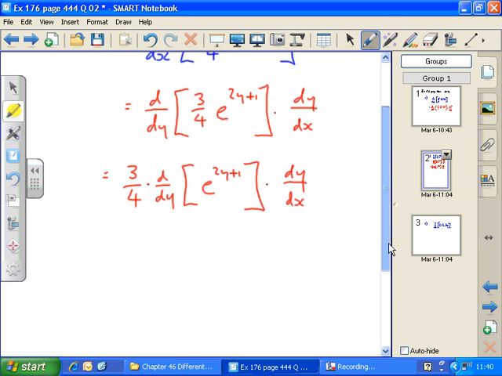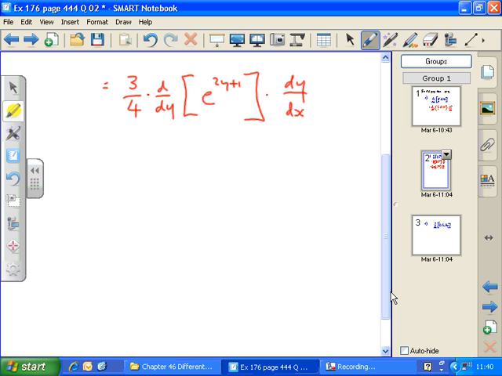Now we have to use the chain rule for this part. So we let u equal 2y plus 1, which means that du by dy equals 2.